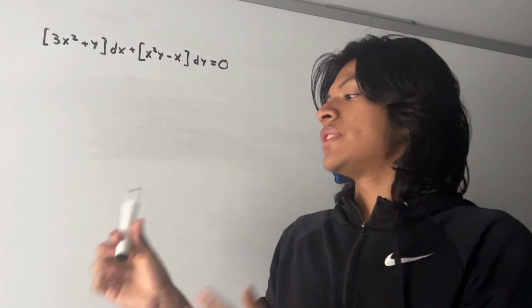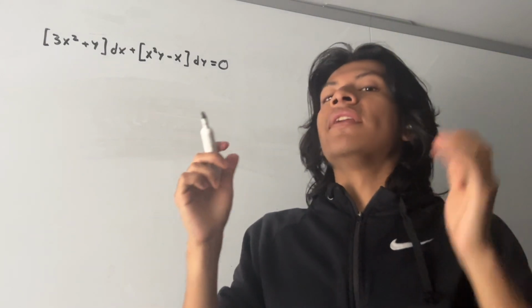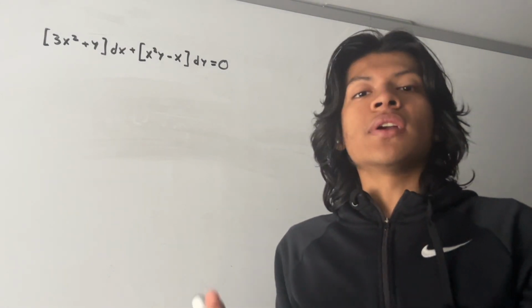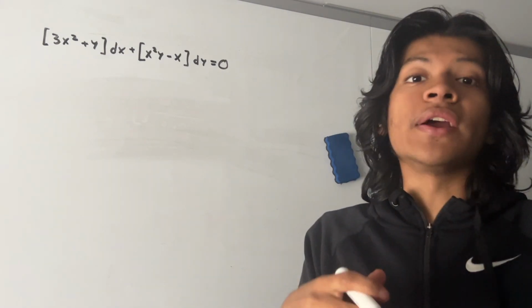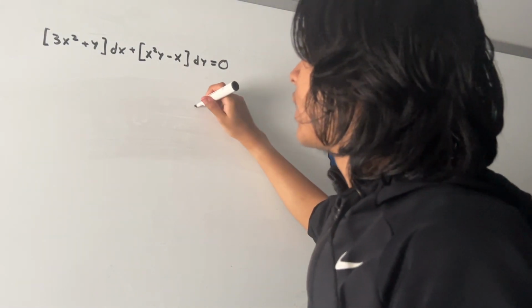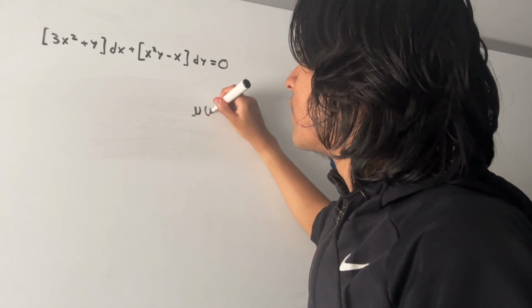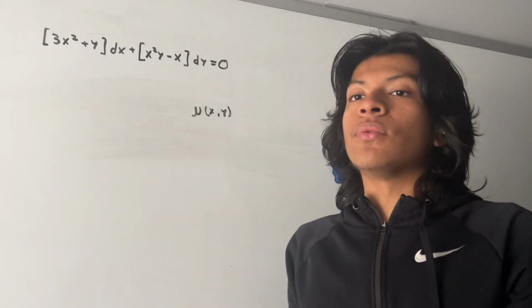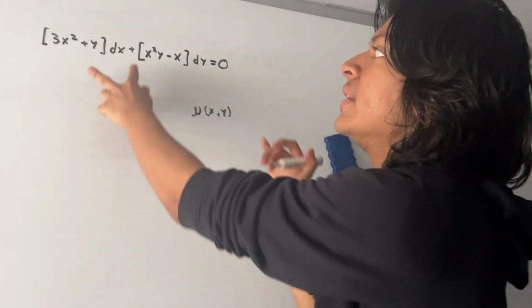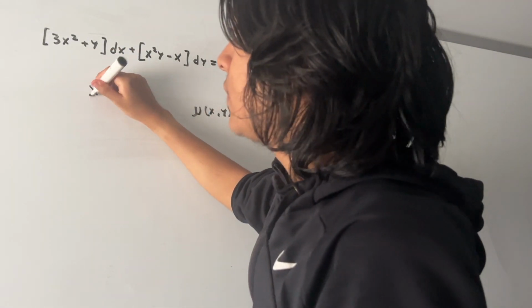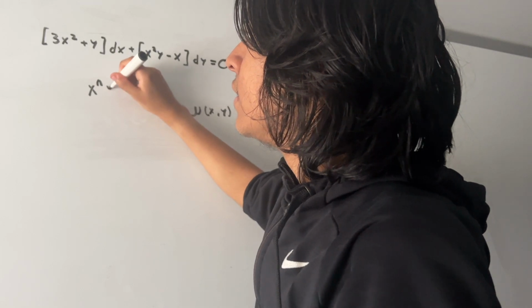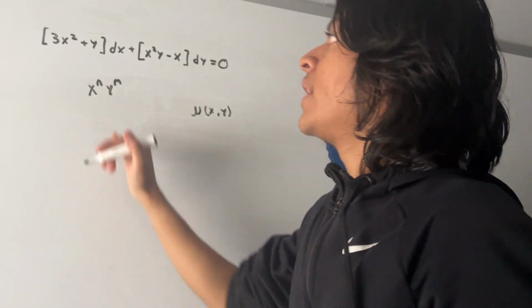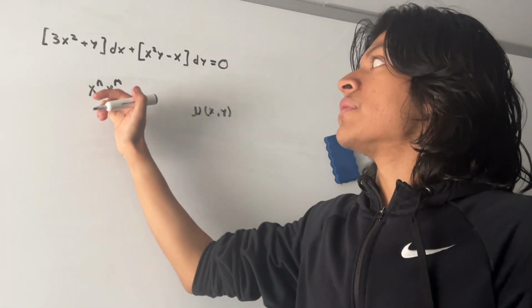Okay, so here we have a differential equation. And I might have said something wrong when I was trying to derive this. If you're looking for an integrating factor that's a function of x and y, you can't really use the equation right away. You would have to multiply this part by x to the n times y to the m, and basically you would have to solve for the values of n and m.